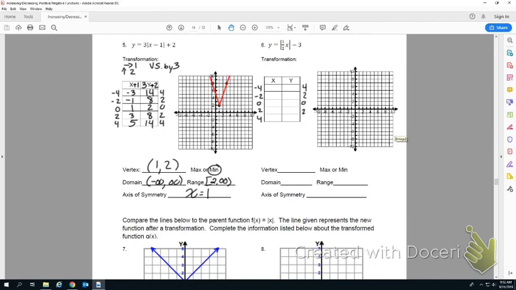Dalton, what's one of the transformations on this one? Daniel, what's the other one? So you got a B value that's between 0 and 1.